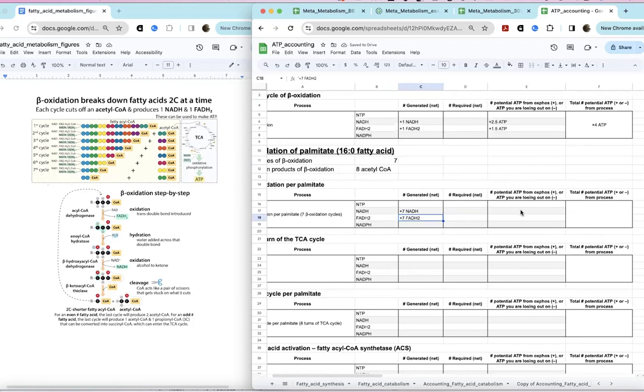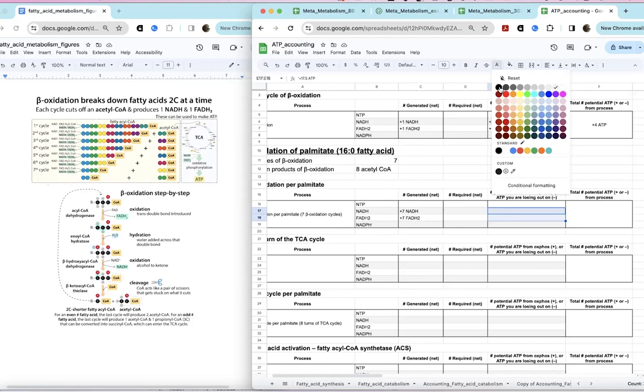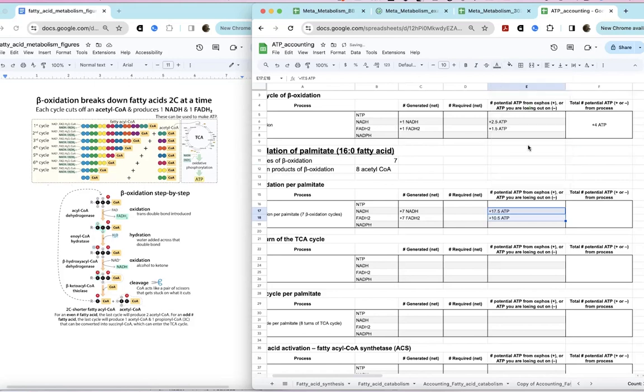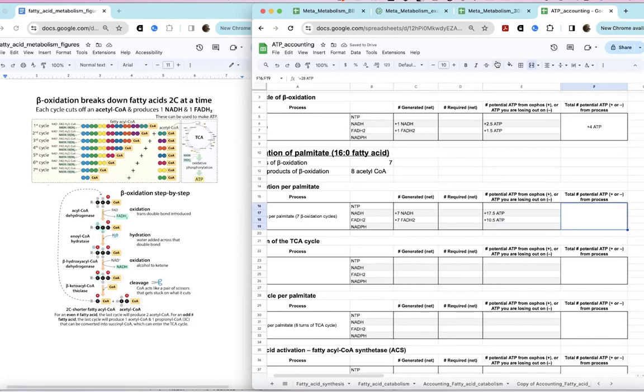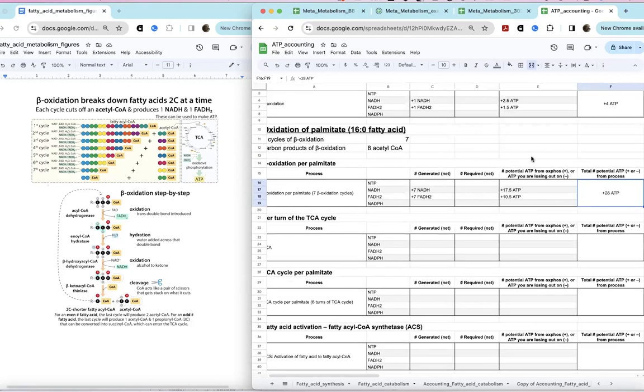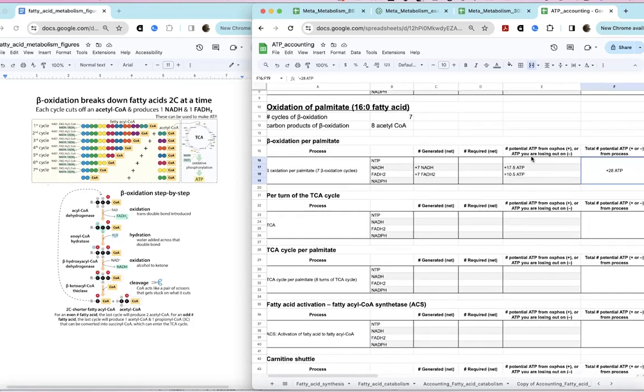Now, if we consider how much ATP, we have to multiply the NADH by 2.5, the FADH2 by 1.5. We add those together, and voila, we get a total of 28 ATP. Note that all of this ATP, however, is coming from oxidative phosphorylation. It's not directly coming from the beta oxidation.